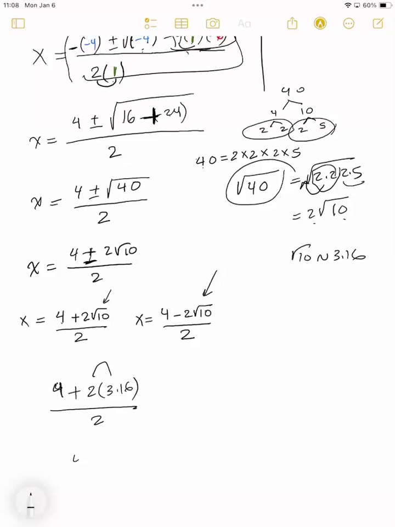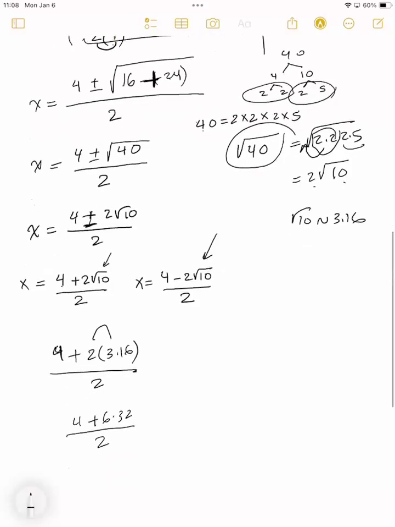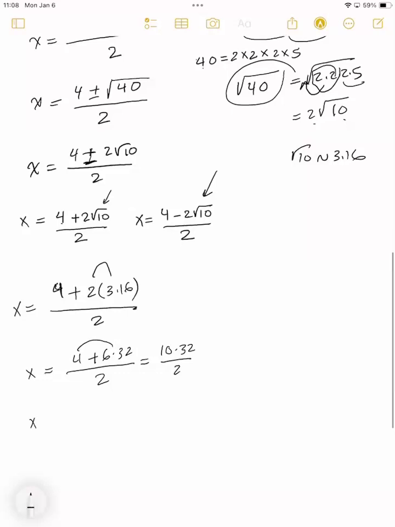I get 4 plus 6.32 divided by 2. I add these two, I get 10.32. Then I divide it by 2. These are your x. And I get x is 5.16, about.